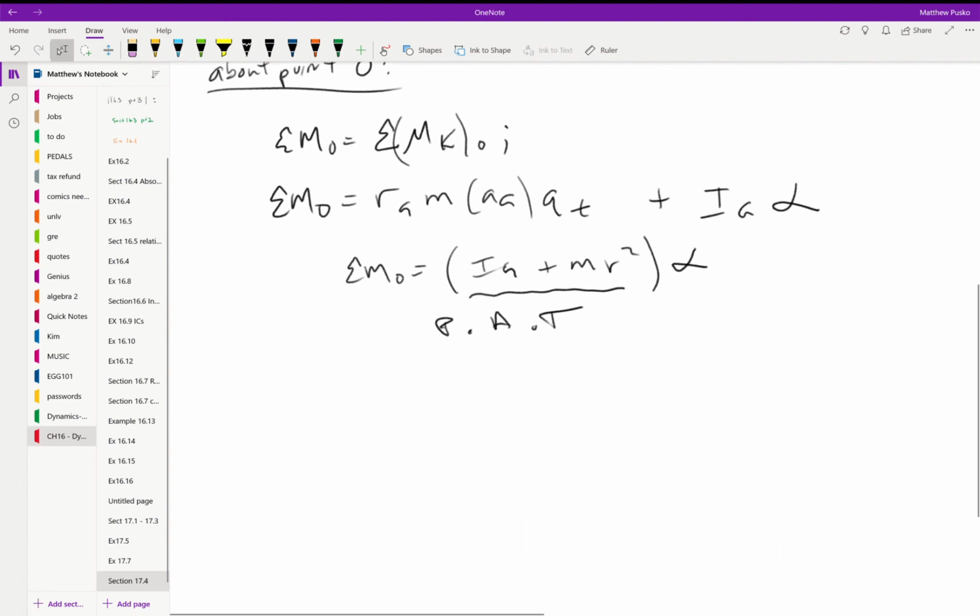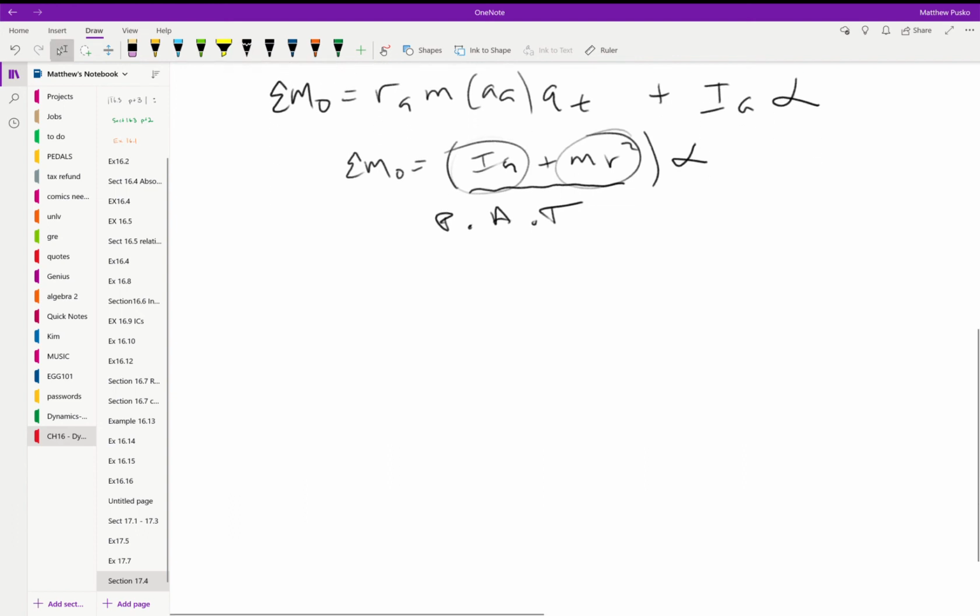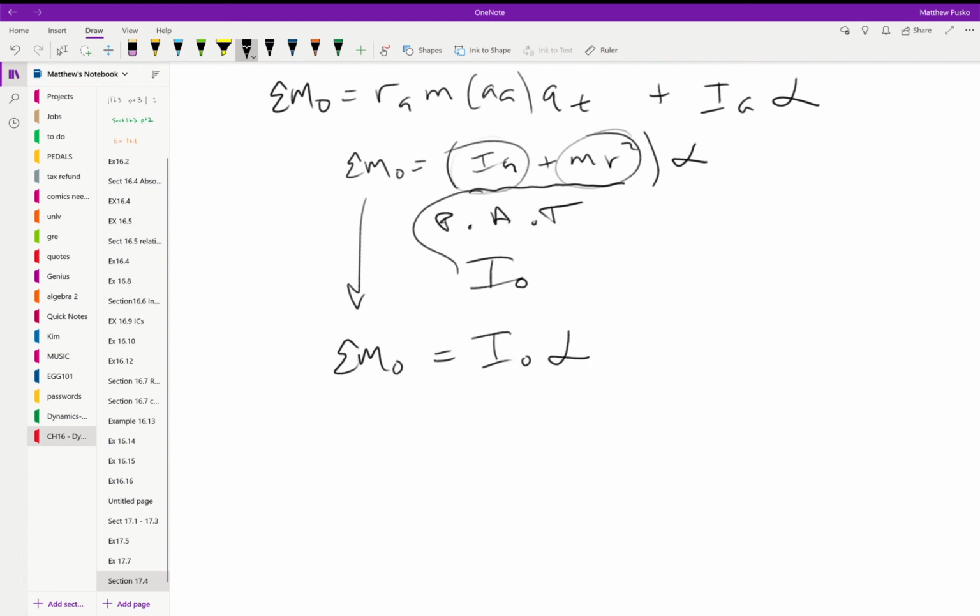It describes how you can find the moment of inertia about a different parallel axis of rotation by adding in this term and using the moment of inertia about its center of gravity. So let's take that, rearrange it, and call all of this stuff right here I naught. Then this equation, the summation of the moments about O, becomes I naught alpha.